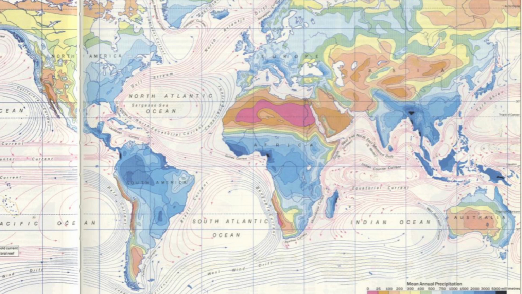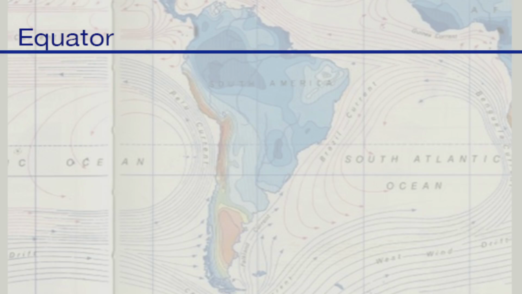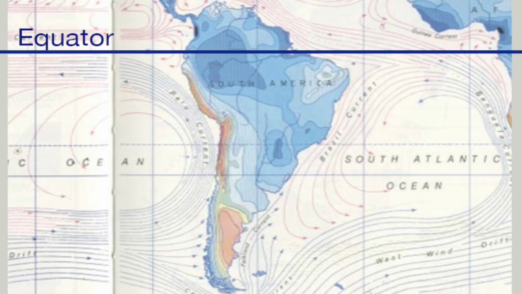When we look at the rainfall gradient in South America, we're reminded of three things. First, South America lies along the equator that runs directly across the northern half of the continent. This means that the area is very hot.